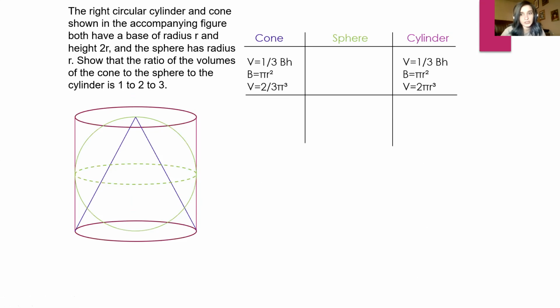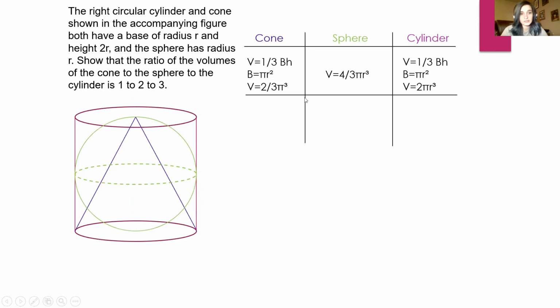And the cylinder is base times height. And then it turns into 2 pi r cubed. And then the sphere is just simply 4/3 pi r cubed. And now we're going to divide all of these by the cone to see what the ratio is, because the cone will be the 1.